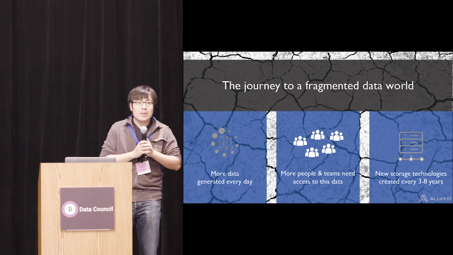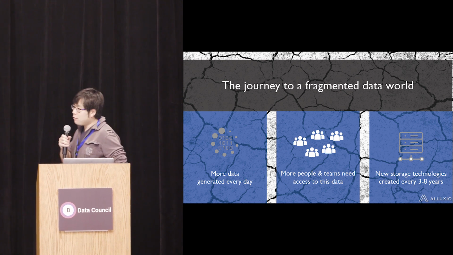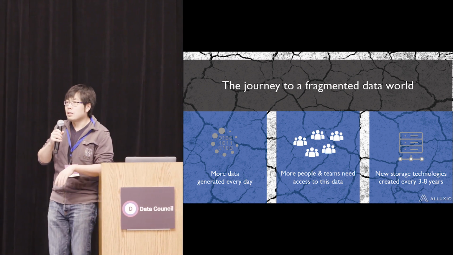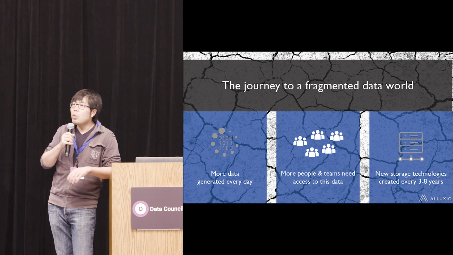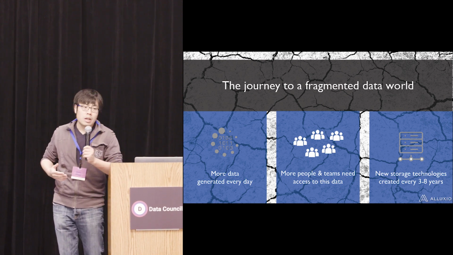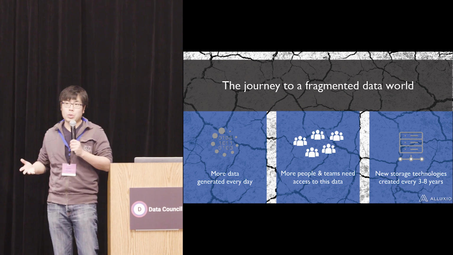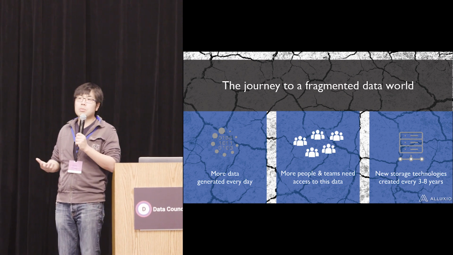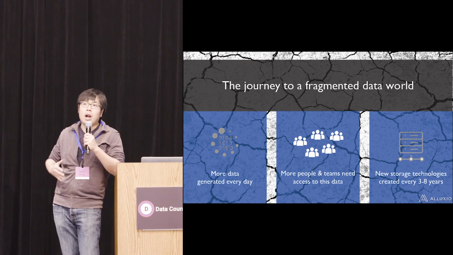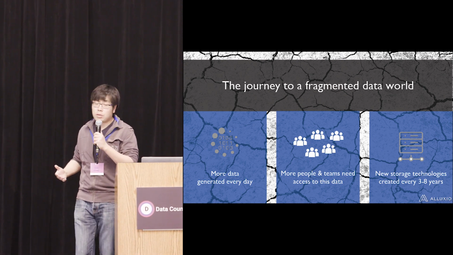Next, every 3 to 8 years, a new technology or new set of technologies emerges about new ways to store data and provide data. It also comes with hardware improvements, or even new algorithms and new ways to architect software or distributed file systems.